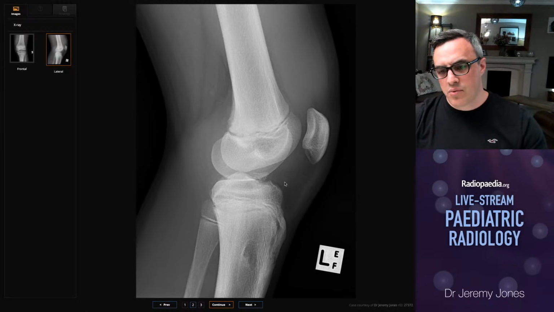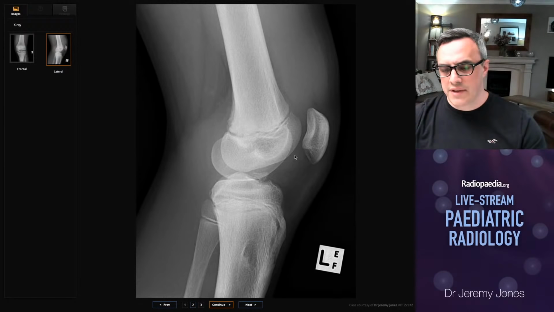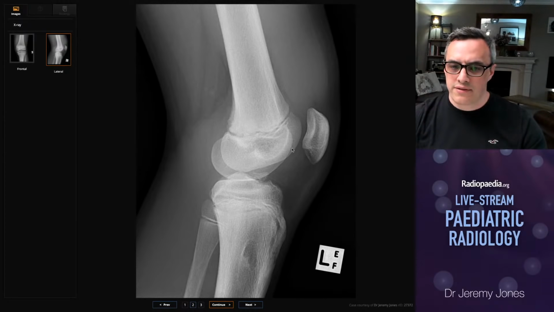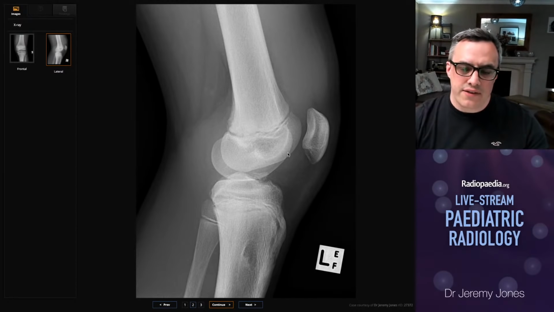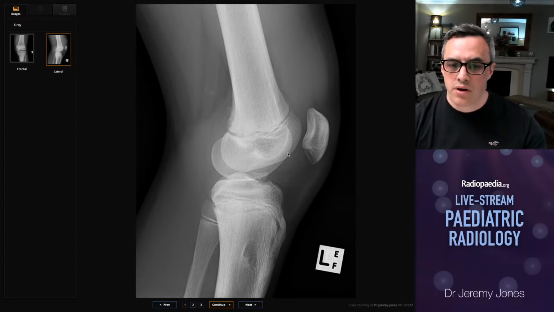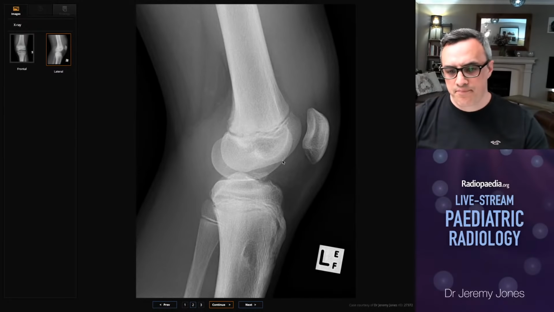That's in continuity with the rest of the knee joint, and we can see some increased density down here as well. The patella is also sitting a bit too far away from the distal femur, all of which we'd expect with this size of effusion. If you see this size of an effusion in a child, there's always something going on. And so we need to look for bony abnormalities first, and then we need to go looking for other issues.